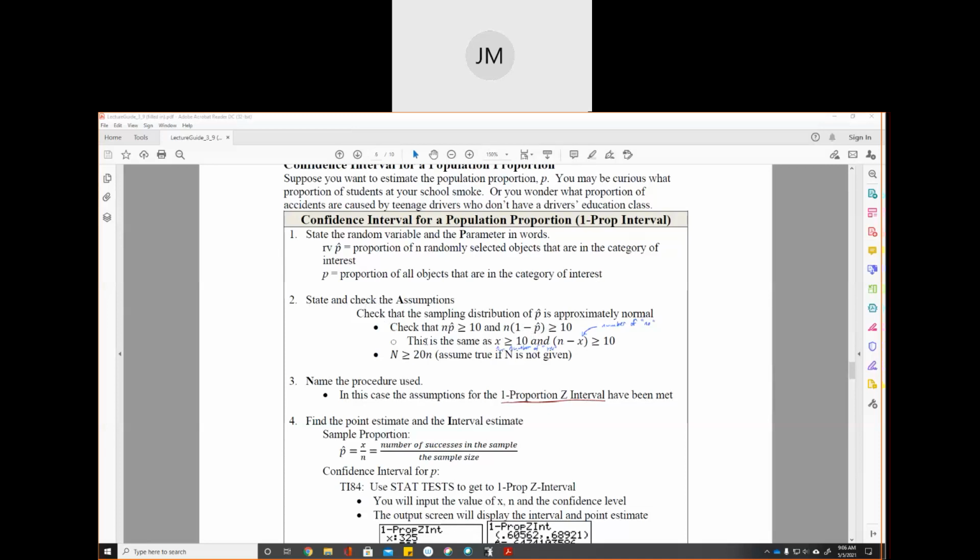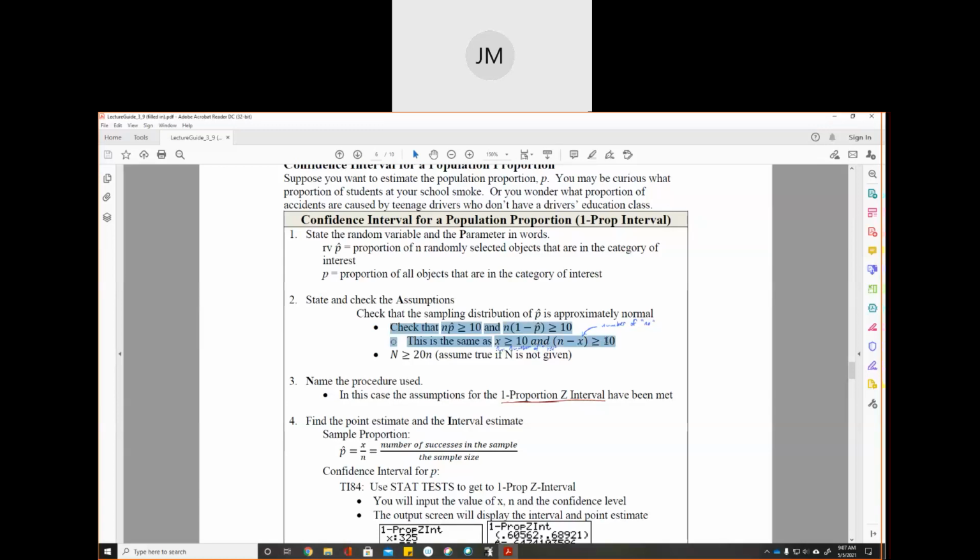Okay, and we said this is the same as checking that X is bigger than 10 and N minus X is bigger than 10, because X is the number of yeses and N minus X is the number of no's. And this N times P hat works out to be the same as X algebraically, right? If we use the formula, P hat is X over N. Right? And the same thing over here, the N times 1 minus P hat. If I do a substitution and I do some distribution, right, a little bit of algebra, it works out to be the same as N minus X.